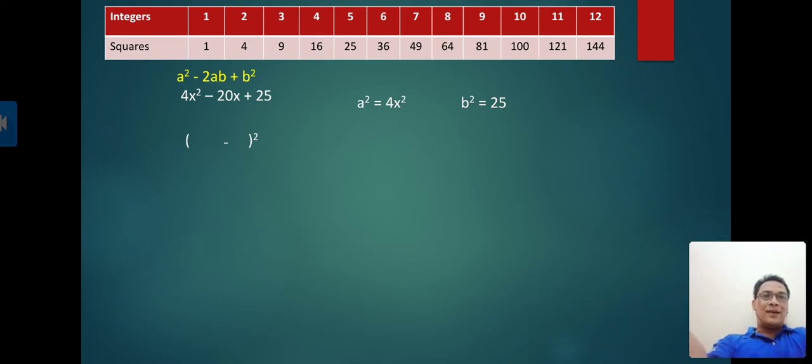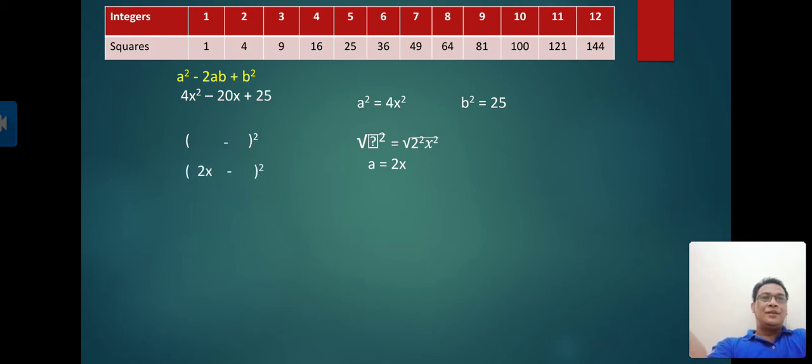Since we have a squared equal to 4x squared and b squared equal to 25, let us get the square roots. This is your a squared, so 4 can be written as 2 squared, since the square of 2 is 4. So 2 squared multiplied by x squared, so a is 2x.